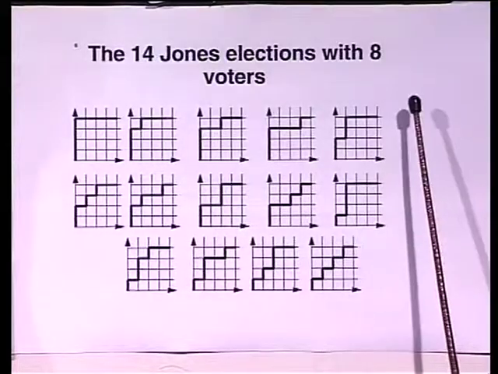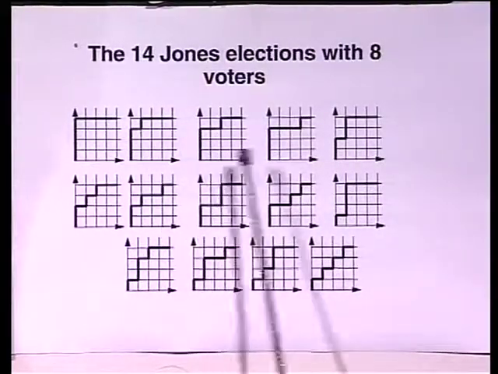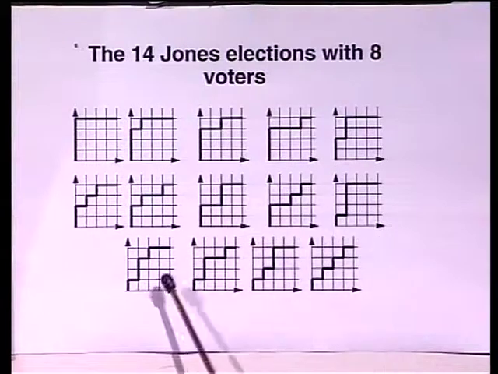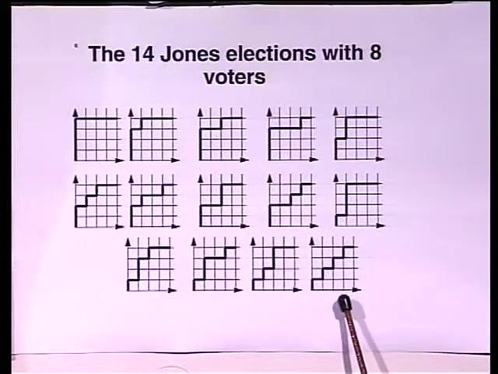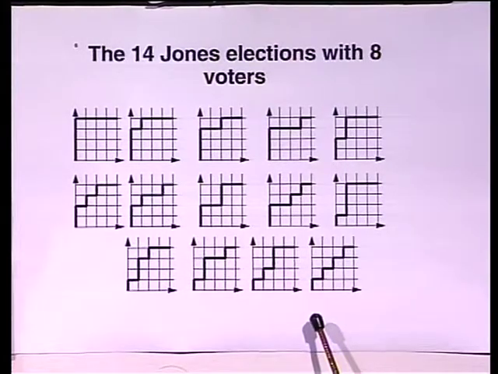Let's now go to something even more complicated, an electorate of 8 voters. And here are the 14 different ways in which Jones elections can proceed. This is slightly harder to check, but it will not take you very long before you can convince yourselves that these are the only 14 Jones elections.